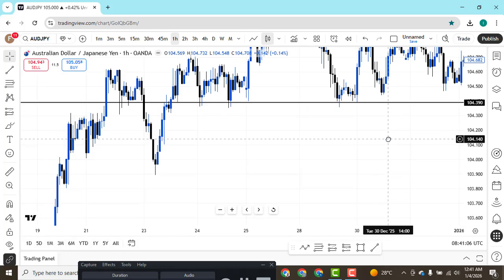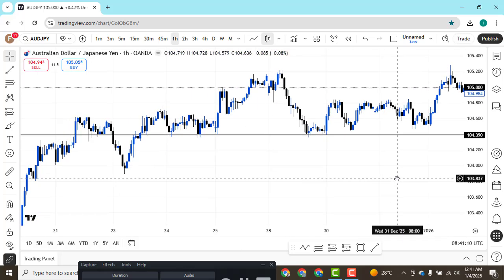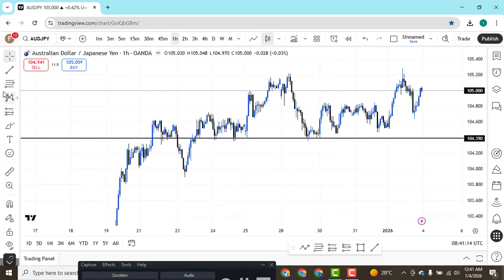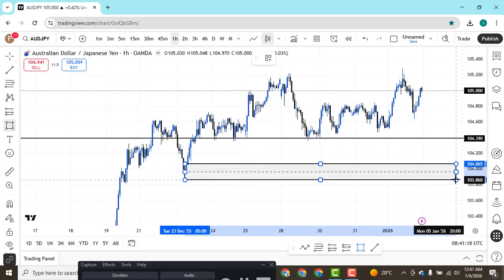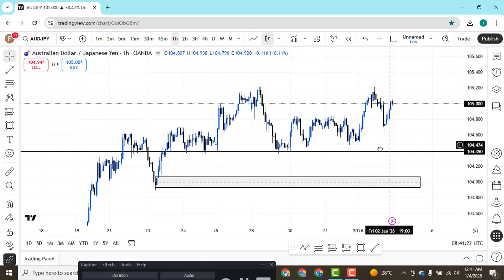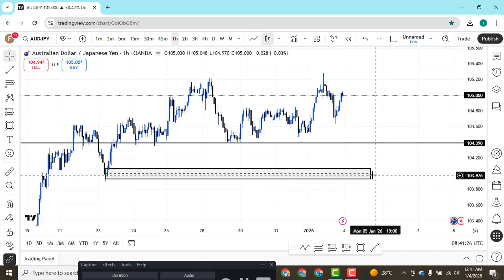I'm expecting it to break through this and come and buy at this point. If I want to buy, I'll buy at this point. This point has become liquidity for me. So I'm expecting it to clear all these points and come and buy from here.